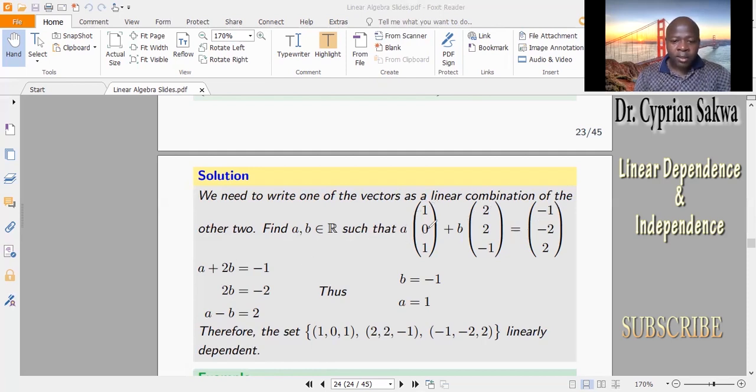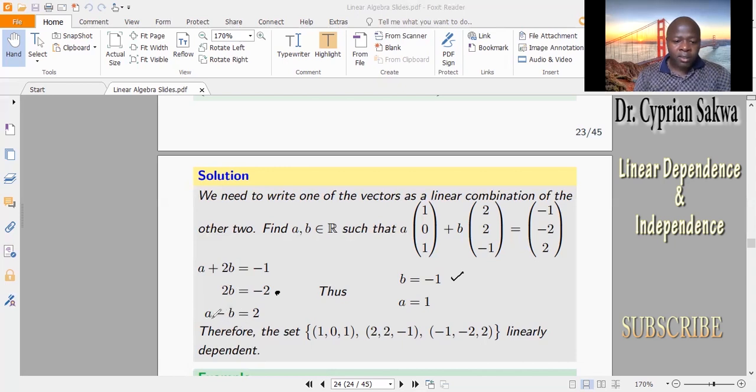negative 1. And then this one, of course, is 0A plus 2B equals negative 2. And then lastly, we have A plus negative B equals 2. So we have this system of linear equations, and we can solve. From this you can see that B becomes negative 1. You can use any of these. Let me use this.